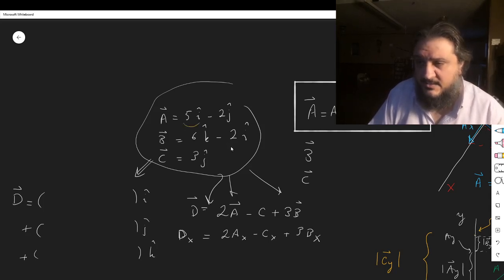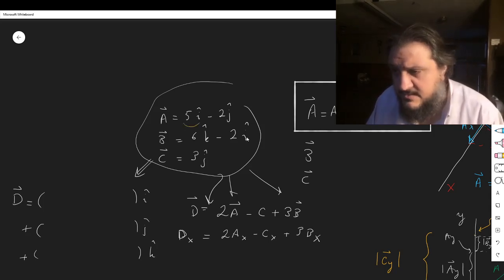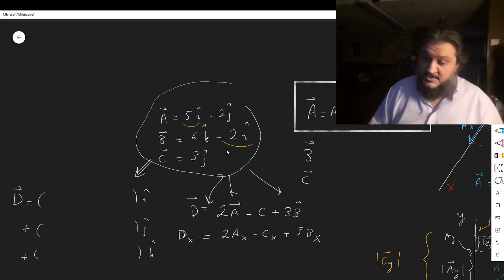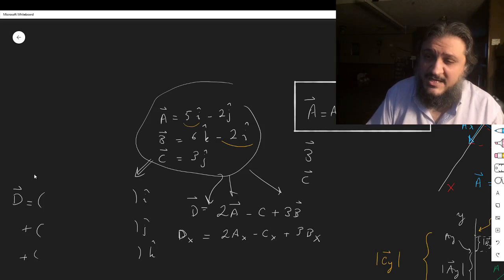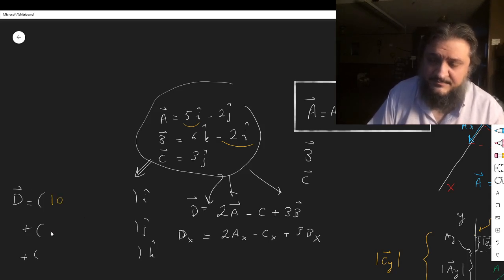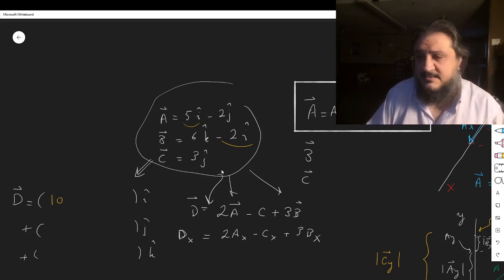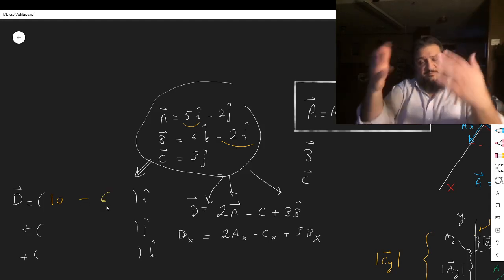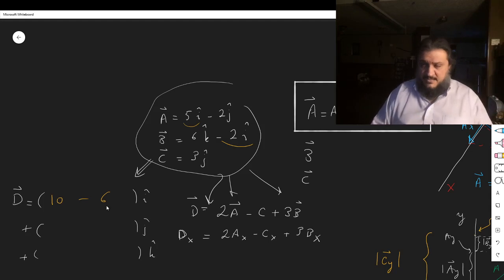You have 1 here, and you have negative 2 there. So 2a means 2 times 5, 10. All right, and then c doesn't have any i. 3b means negative 6. All right, and then the others are done the same way.